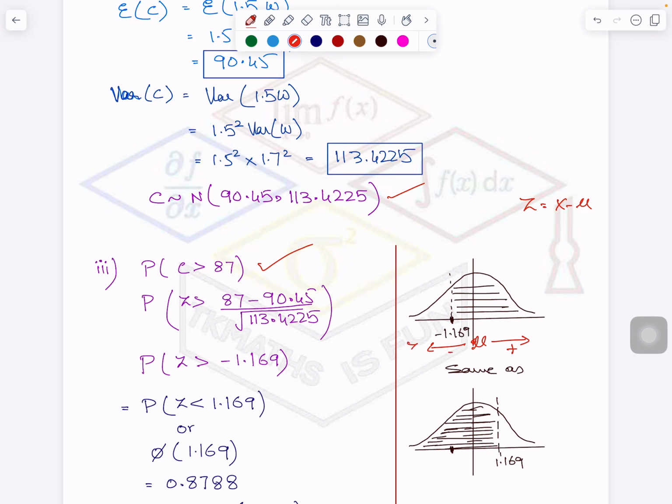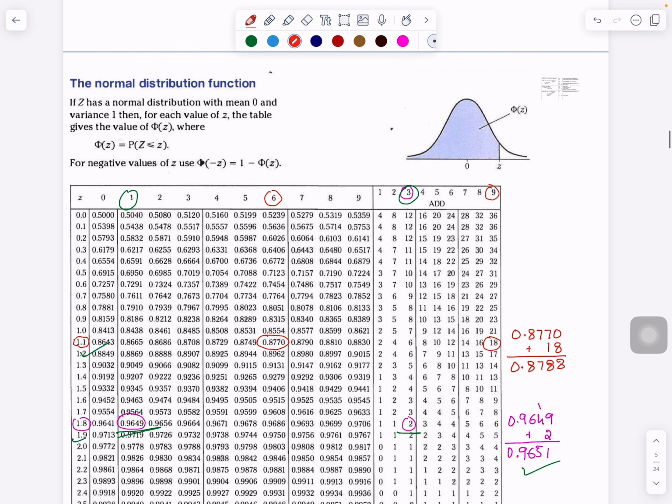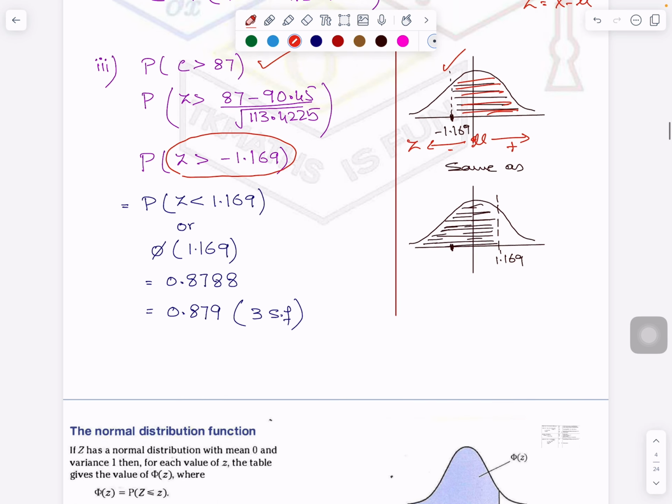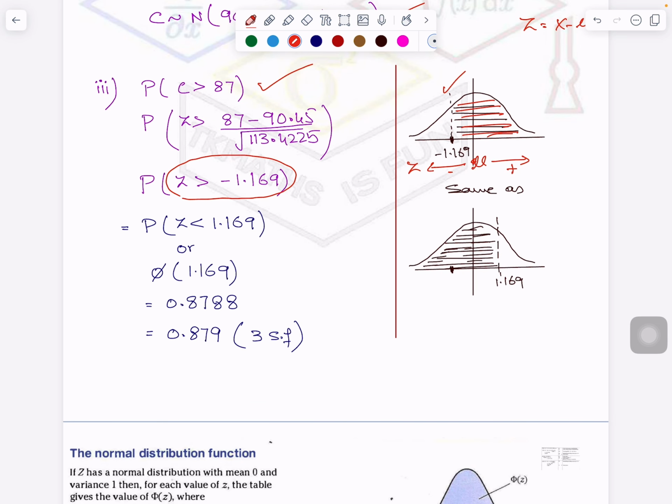Okay. So I am getting z greater than minus 1.169. So of course I will draw the line here, and I'm talking about this area. But the table always talks about positive z. You can see here all the z's are positive. So what will I do? I will use the concept of symmetry. This is the same as this because it is a symmetrical graph.